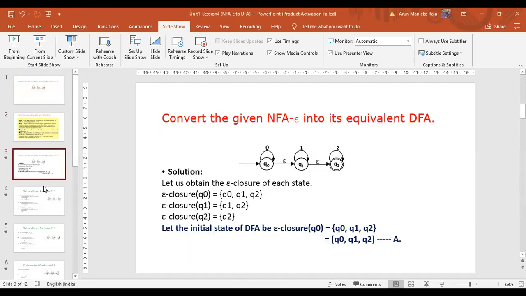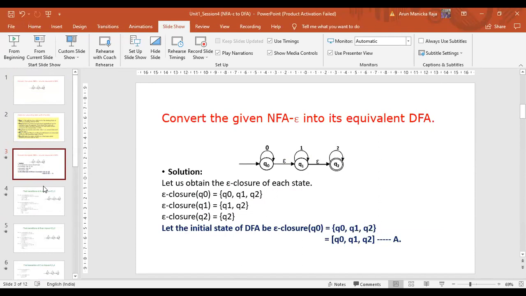How do we take it? We take the epsilon closure of the initial state of the input diagram. In this input diagram, the initial state is Q0. For that, we find the epsilon closure and take all those states as the new state, I mean the initial state of the DFA. Here also we have to mention the name for each and every newly arrived state.